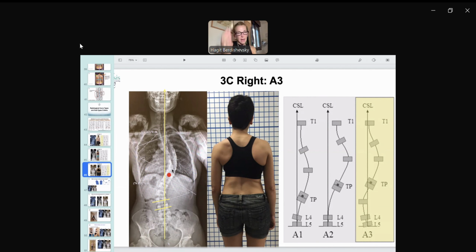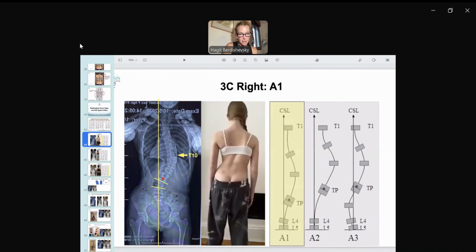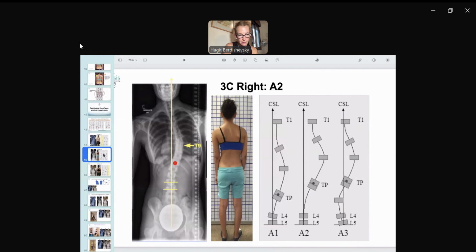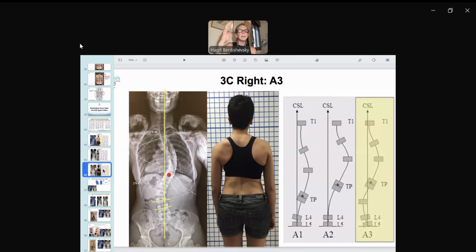Not in the direction of the thoracic like this one, not horizontal, but yes, now we see there is a lumbar. One of them will be the lower end vertebra, probably number 4. So we have a lumbar curve, we have a thoracic curve. The transitional point is on the right side. That's why we name it a 3C, of course.